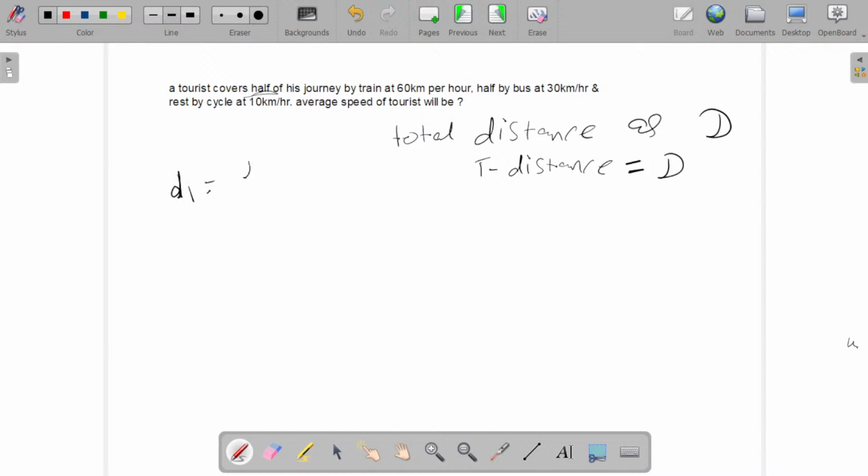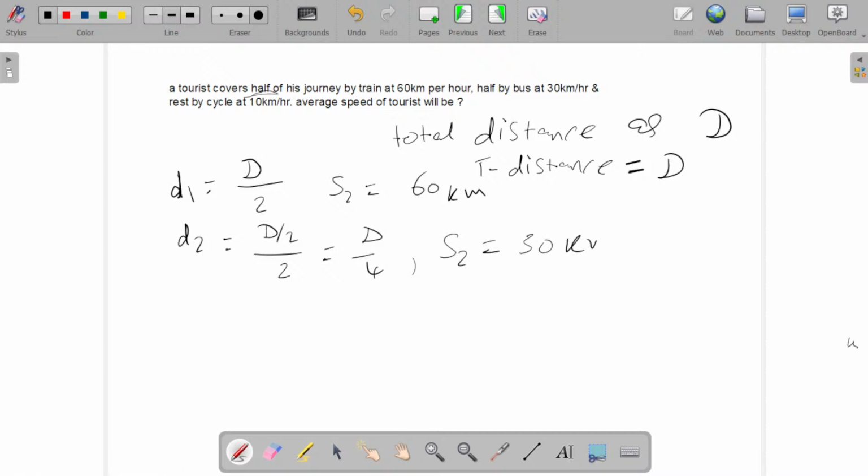will be total distance d by 2, and speed 1 will be 60 kilometer per hour. d2 will be half of d by 2, which will be d by 4, and speed 2 will be 30 kilometer per hour.